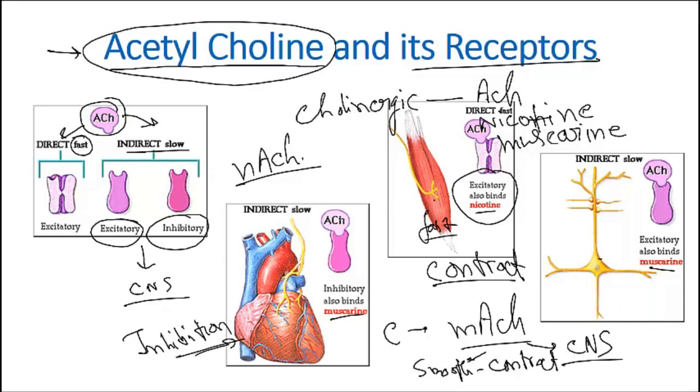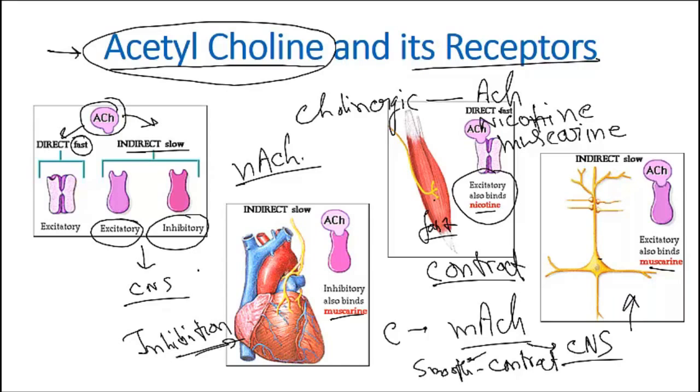But if acetylcholine is binding to a muscarinic receptor, there are two possibilities. One is that the muscarinic receptor binding will excite, which happens in most cases of smooth muscle contraction, or in some cases binding of acetylcholine to the muscarinic receptor can inhibit and cause the heart rate to slow down due to hyperpolarization.